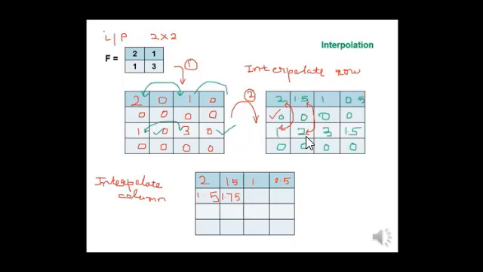Then 1 plus 3 is 4. Divide 4 by 2, you will get 2. So write 2 in the next cell. 0.5 plus 1.5 is 2, and 2 divided by 2 is 1. So 1 is written here. In the third row, we will write 1, 2, 3 and 1.5 as it is.